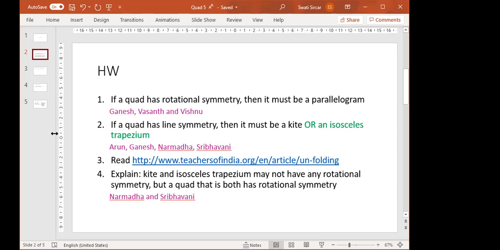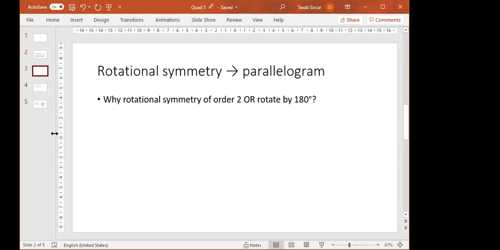Now, one key assumption that most of you had was that it's a rotational symmetry of order 2, or that you are rotating. Which is fine.